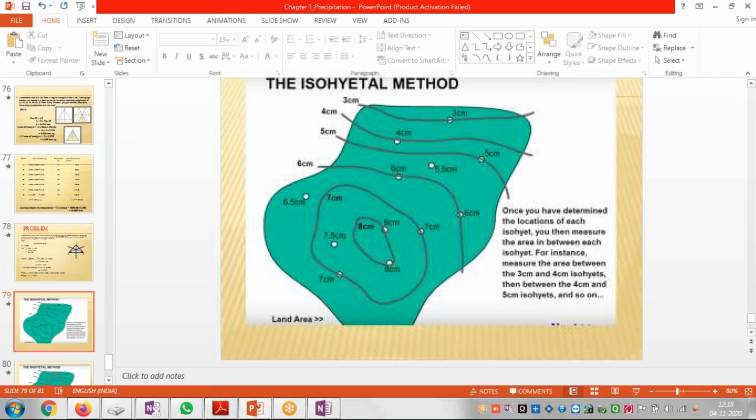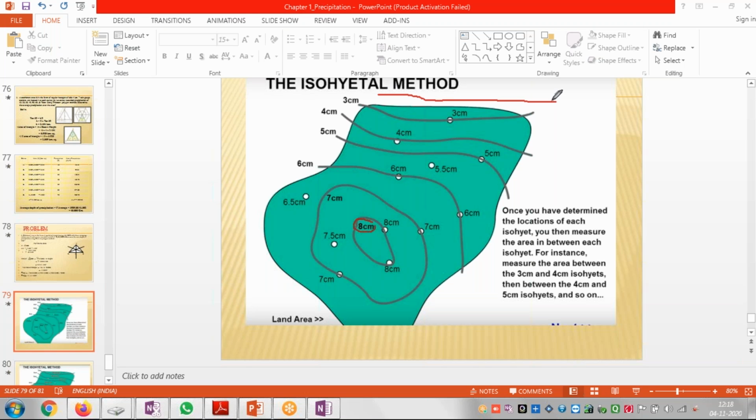So here the area, can you tell me? You may ask one doubt: the area is given, but before 3 centimeter there is no contour. So we can assume that this is the 3 centimeter contour, this is 4, 5, 6, this is the 7 centimeter contour, and this one is the 8 centimeter contour.